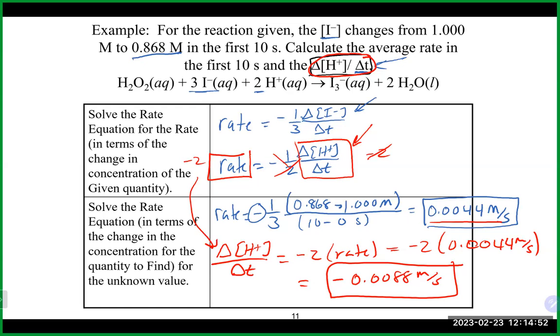Question or good? Okay. Other questions on that? So what we see here is the way that H plus is changing over time. It is actually changing twice as fast as the overall reaction is happening, right? Overall, everybody's changing about 0.0044 molarity every second, but our H plus is actually changing twice as fast as that, right?